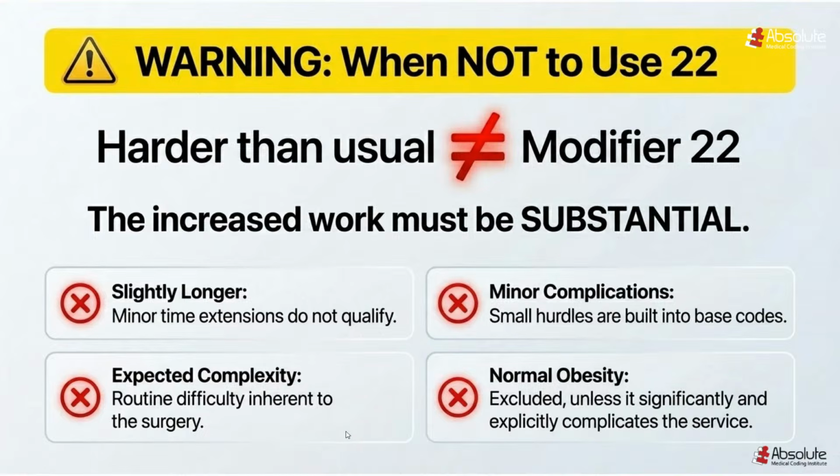No, be more specific, doctor. Normal obesity. No, that's not going to cut it. Now, when someone's morbidly obese, that might make you say, hey, this probably is. And then you might want to look for more documentation to substantiate using this modifier 22.